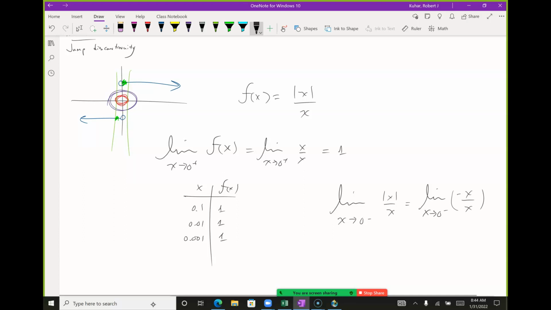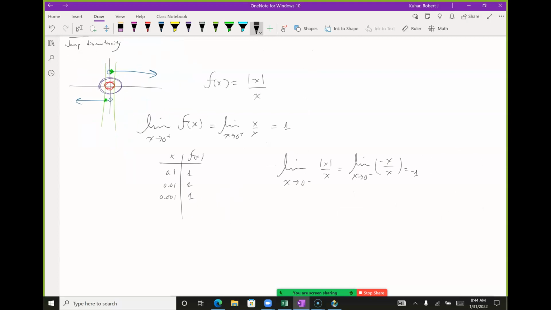I'm taking the negative and turning it to positive, so I always get negative 1. And remember, I have to get the same. I have to be able to predict the height, and I can't without knowing which side I'm on. I can't tell if I'm going to a height of 1 or a height of negative 1.